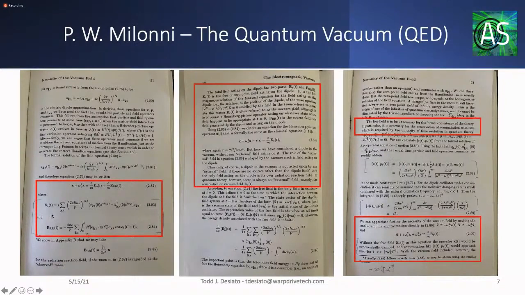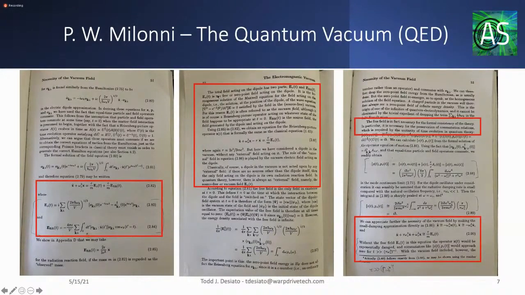And here are their equations in terms of quantum electrodynamics. I'm not going to get into the details there, but I just wanted people to know that this is in the text, and that's where it comes from.